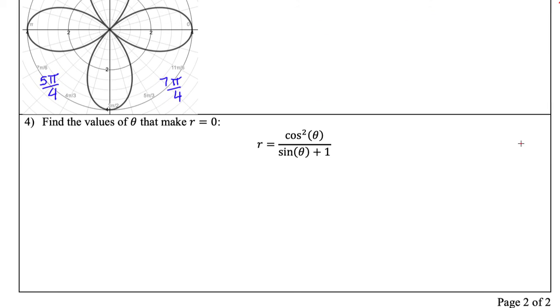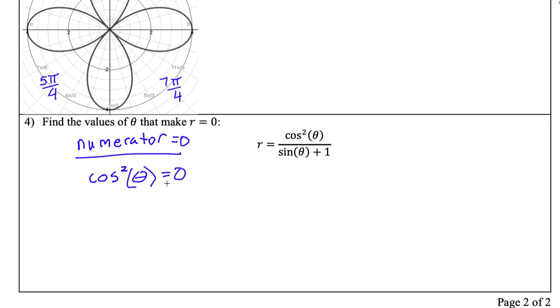And then number 4, we need to do the same thing, numerator and denominator again. Numerator has to be equal to 0. So that's going to be cosine squared of theta is equal to 0. That's our 5-minute warning. Take the square root of both sides and I get cosine of theta is equal to plus or minus 0, which is 0.